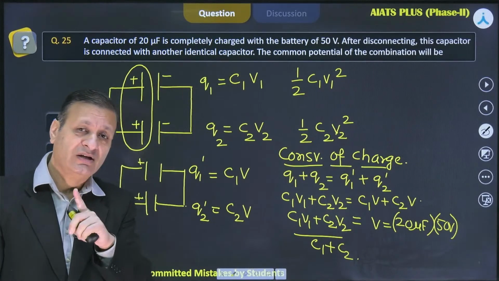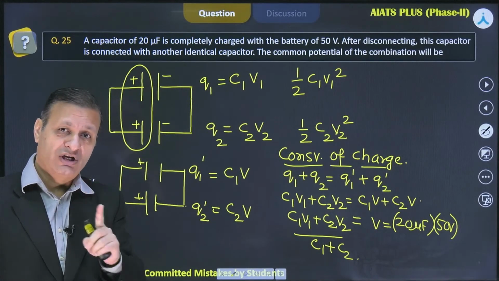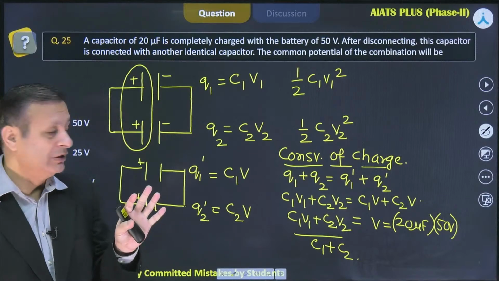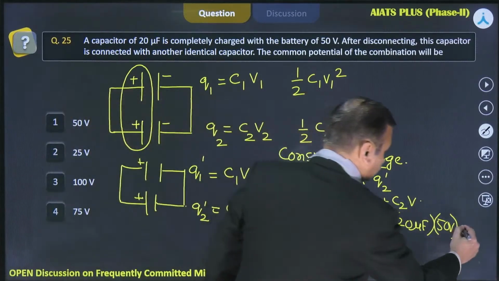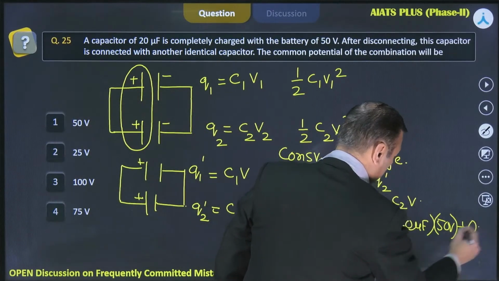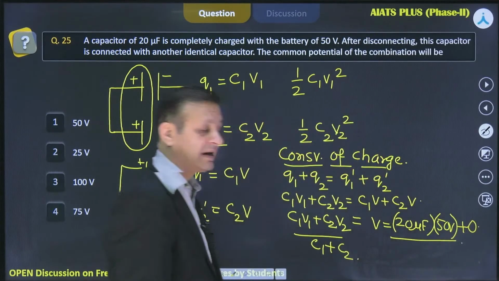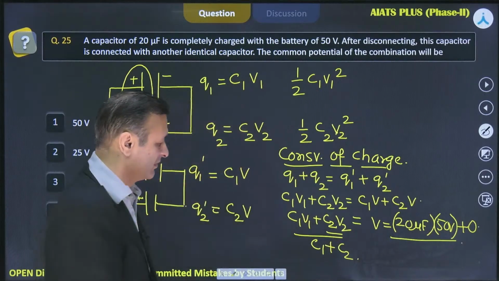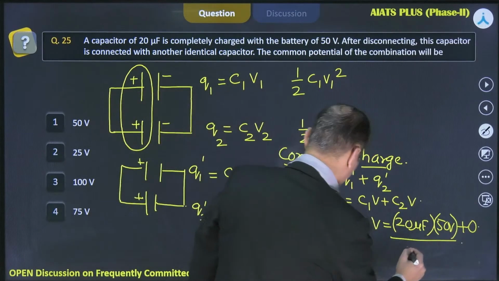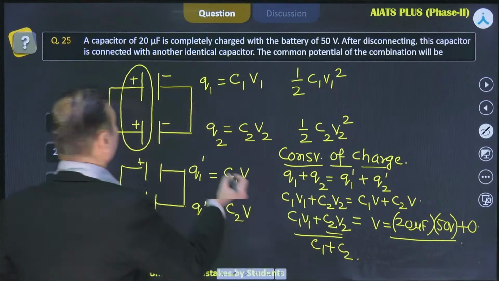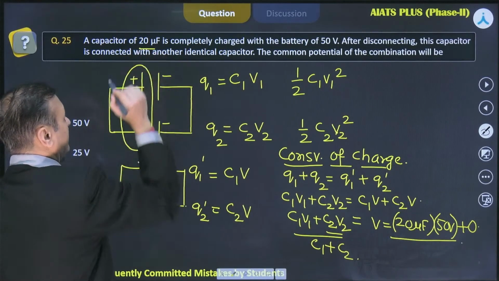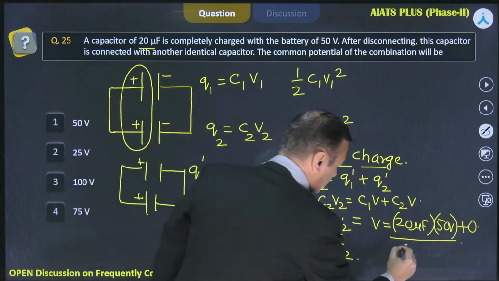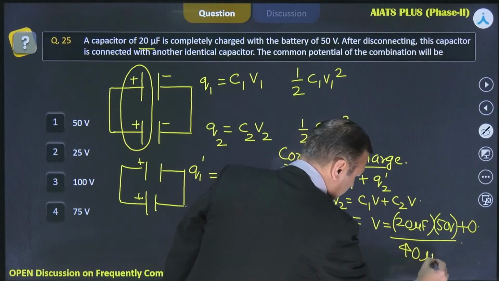They are not saying the identical capacitor is charged or raised to any potential. So V2 is 0, and this part completely vanishes, divided by C1 plus C2. Because we have an identical one, this is 20 and the other one is also 20, so that makes it 40.